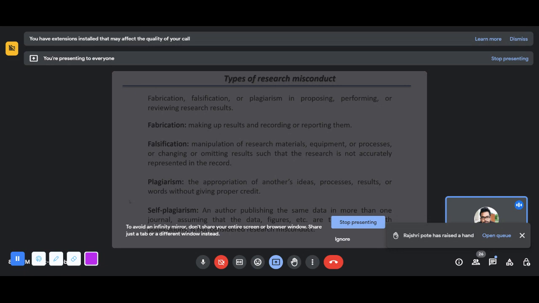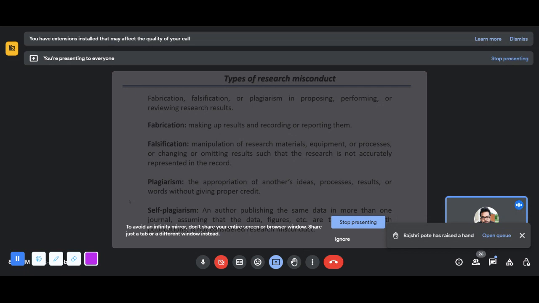If you don't agree to that, you can write clearly to the editor that we don't agree. But if it is valid, then you obviously have to mention it. But this kind of misconduct is done by some reviewers just to increase their number of citations. So this also happens. Okay.